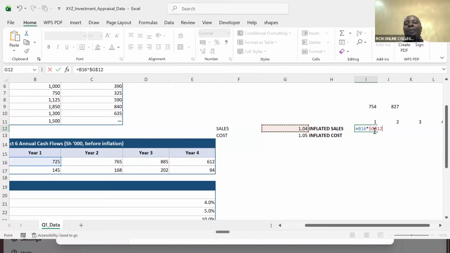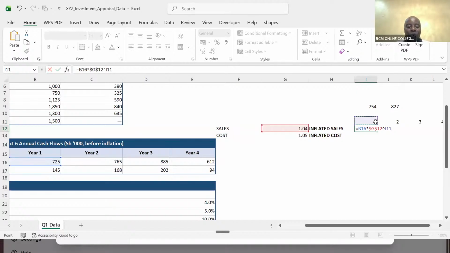All right? And then because I'm inflating, its compounding factor, I will come and say raised to this number 1. I don't have to write 1 there because I would want this to move as I move this year 1, raised to year 1 like that. So once I do that, I'll be able to enter.